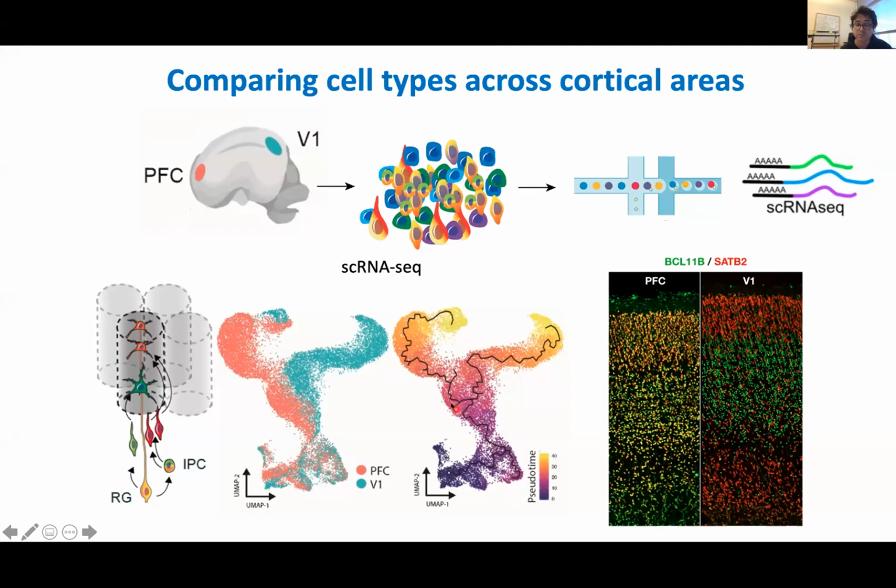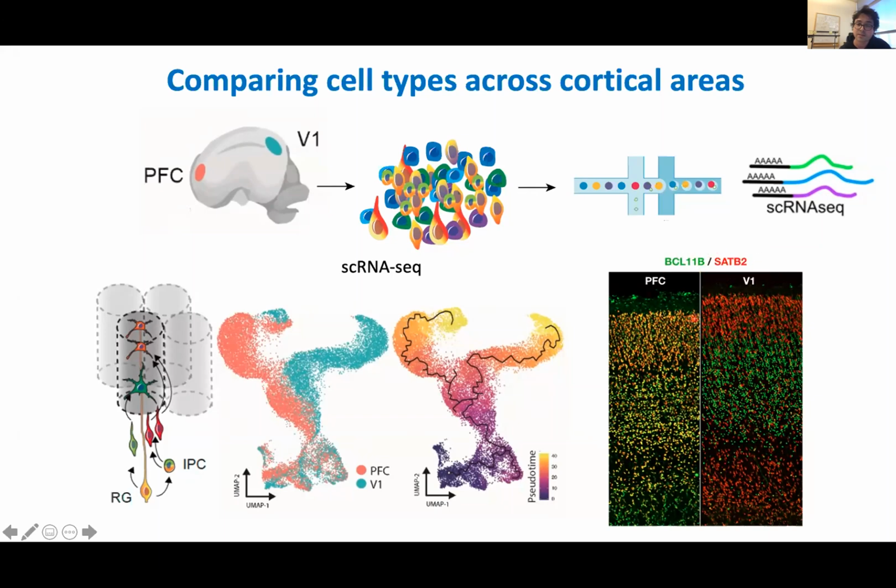In addition to the individual markers that have long been recognized, there are also interesting patterns that differentially specify excitatory neurons in either prefrontal cortex or visual cortex, including, for example, the expression of BCL11B and SATB2, which are both regulators of connectivity.